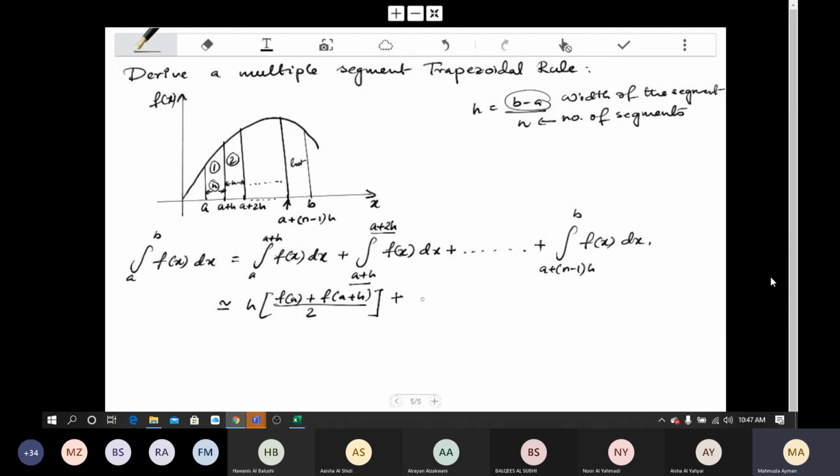And then we have here plus again h times f of, can you tell me what would be here? F of a plus h, yes. Now we are in the second trapezoid, and we have f of a plus h plus f of what for the next one?